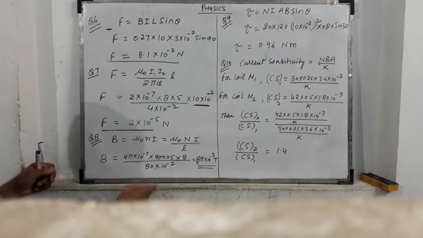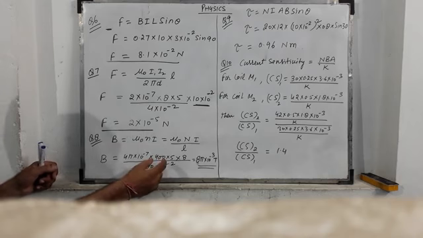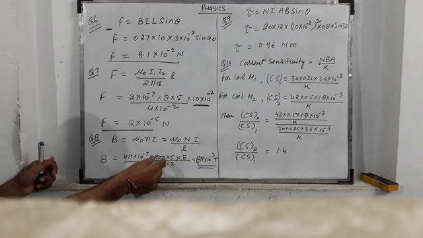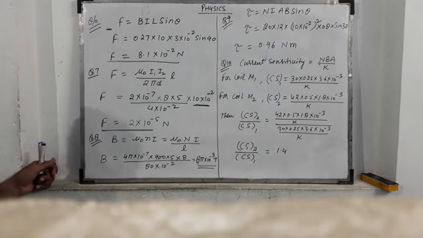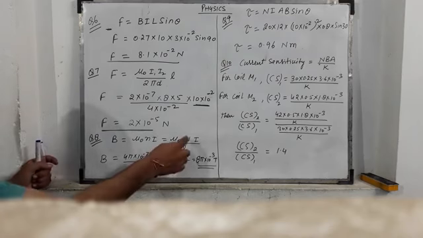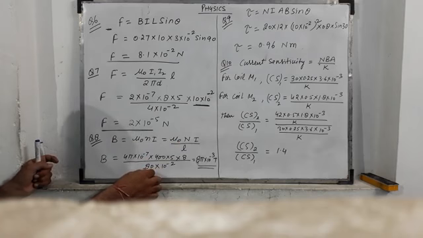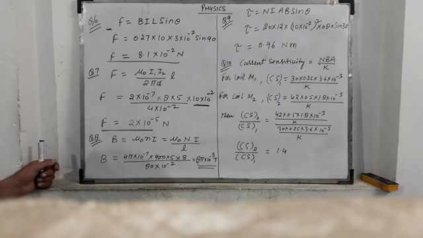Total number of turns are 400 × 5, because 5 layers of windings are there, and in one layer the number of turns are 400. Then we divide by L, which is 80 centimeters, so we convert this distance into meter.